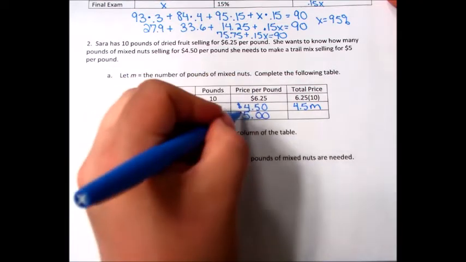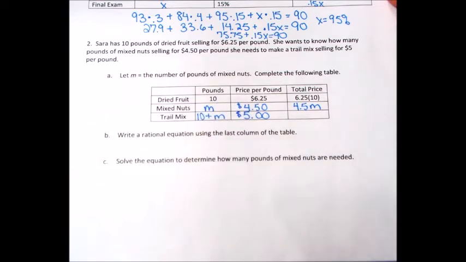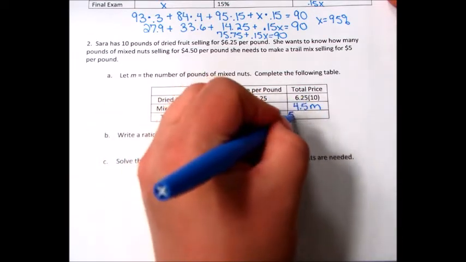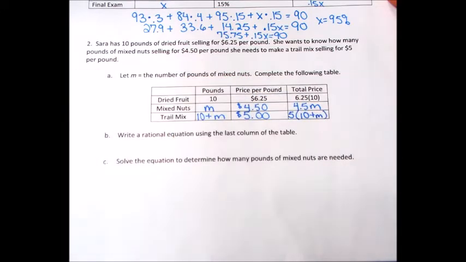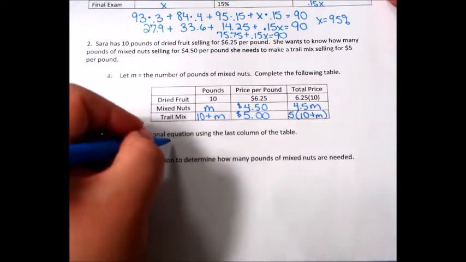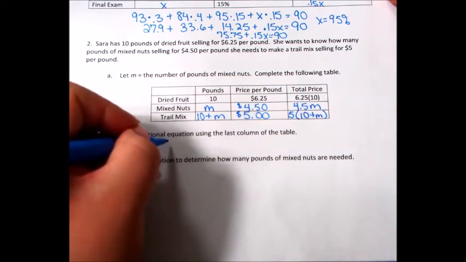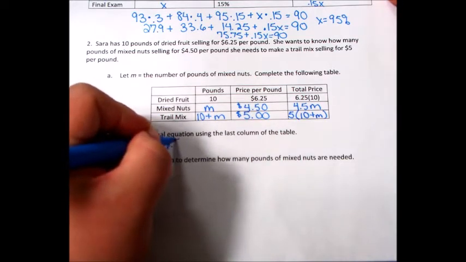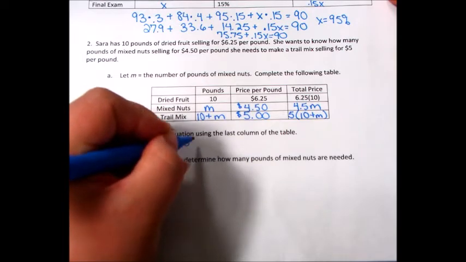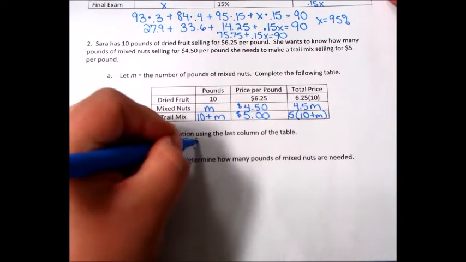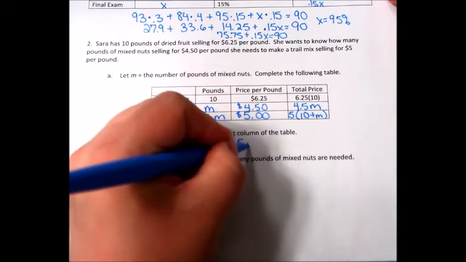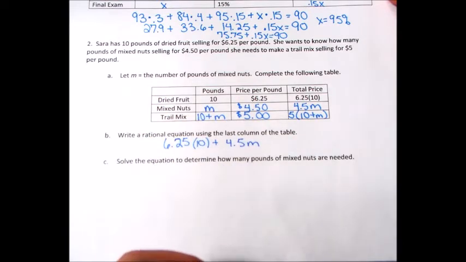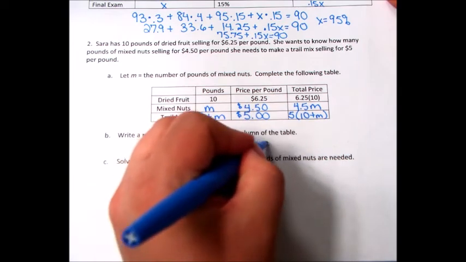So that should equal 5 times 10 plus M. So our rational equation is going to be 6.25 times 10 plus 4.5 M. And she wants it to be 5 times 10 plus M.